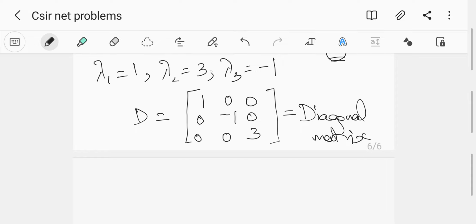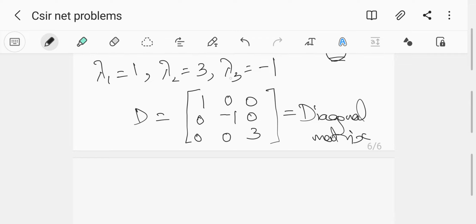So once you get the eigenvalues, go and check in the options. But we need to be sure that the eigenvalues are real and distinct. Okay, if it is real and distinct, preferably it lies in the diagonal entries. So therefore, we can say that this is the diagonal matrix.